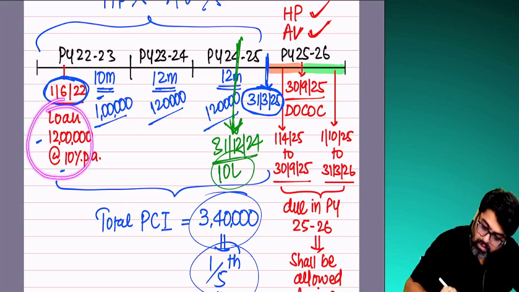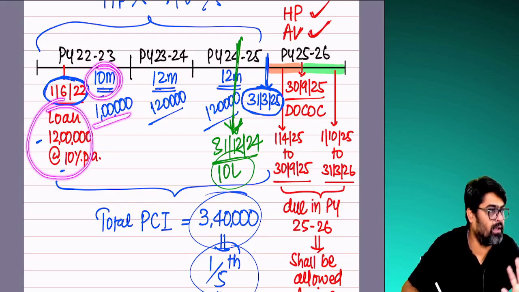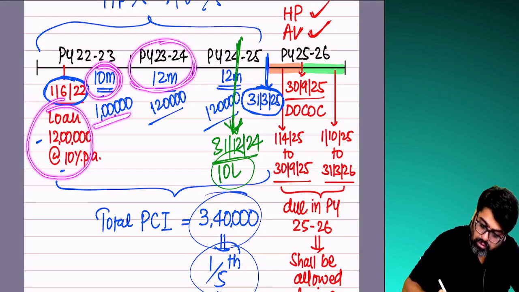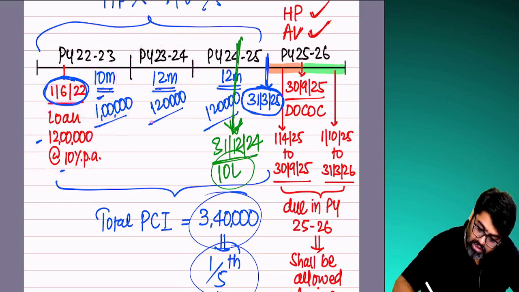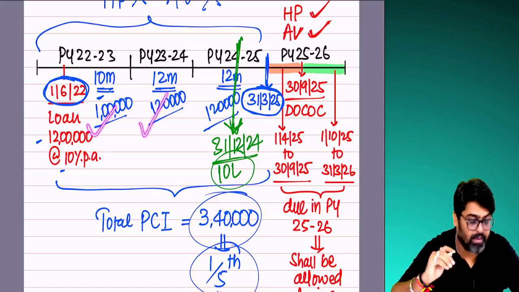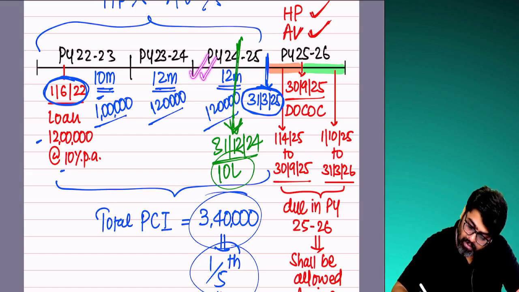On this entire 12 lakh, 10 months, interest will be the same amount, 1 lakh. There will be no change. Tell me for 23-24 also, the loan outstanding was 12 lakhs. So this year also the interest will be 1 lakh 20. So this will remain same. Yes or no? Tell me, on 12 lakh, you will pay interest in April, May, June, July, August, September, October, November and December.